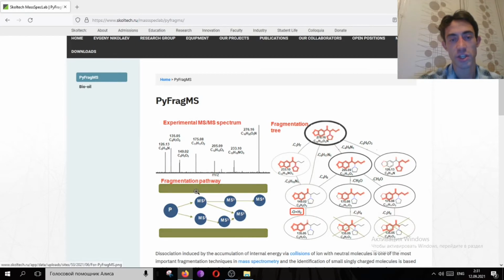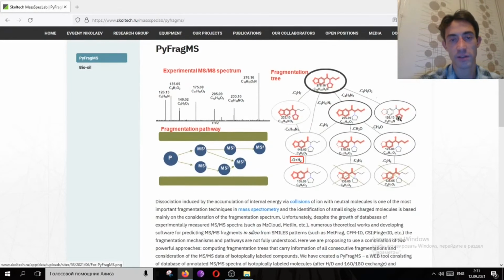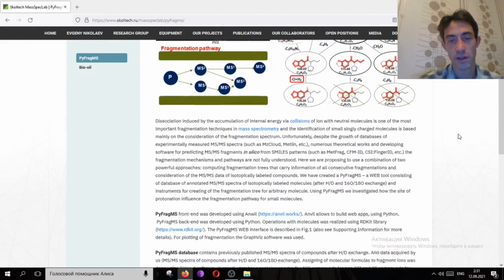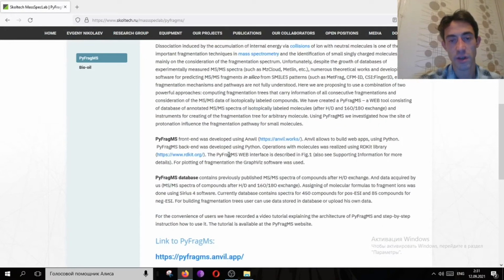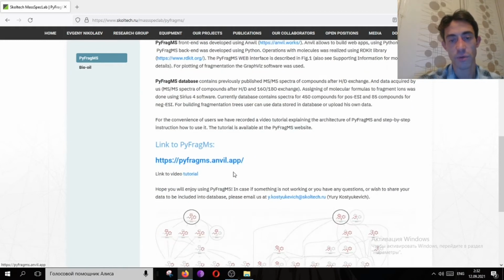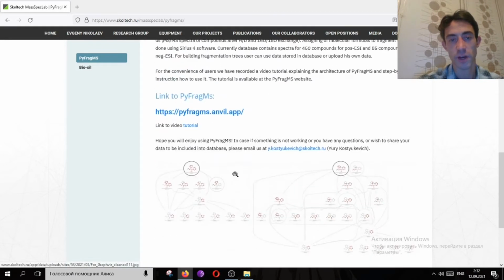On this page you will find a little description of this software, a graphical abstract, a description of how it was created, and a working link to PyFragMS software. It's here. This software was developed using Python and Anvil. The front end for the web application was developed using Anvil.